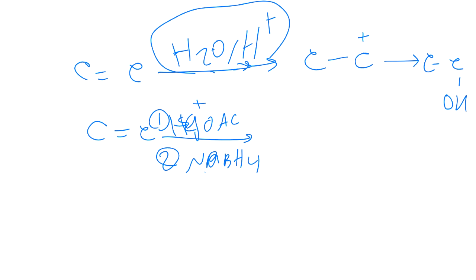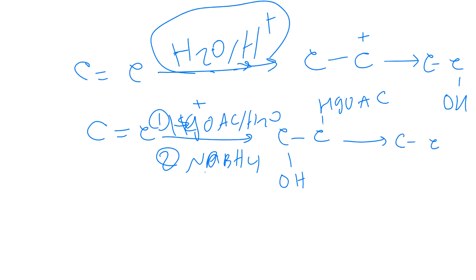So first you get the oxymercuration product, then you're going to get the alcohol as the product. So you will get your OH, and then you have your HgOAc as the product. And the next step, when you're adding the second reagent, you will get the alcohol as the product.